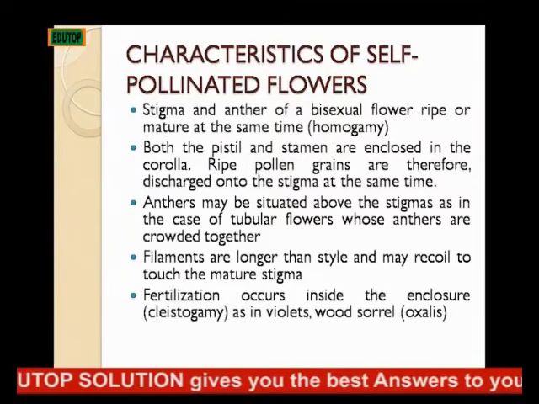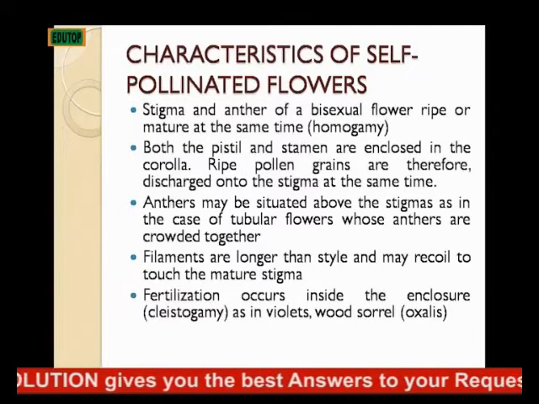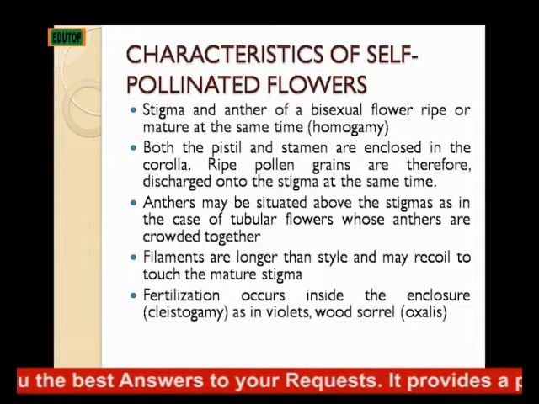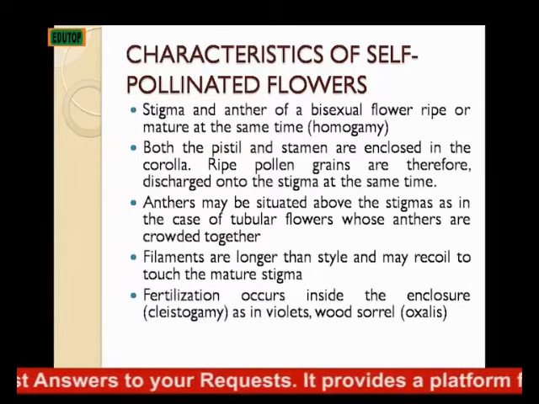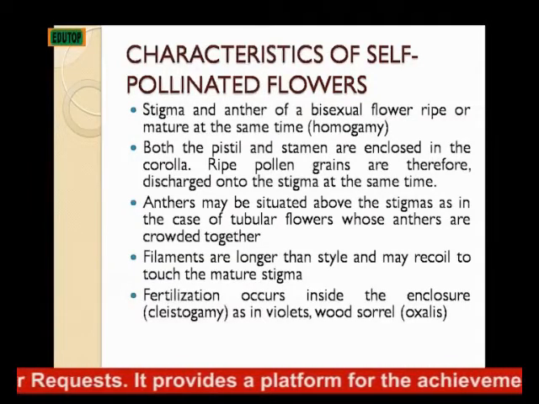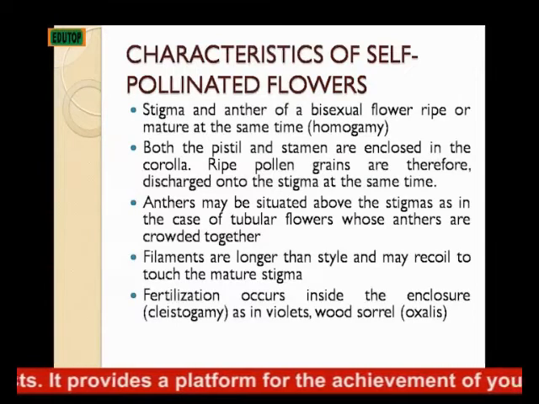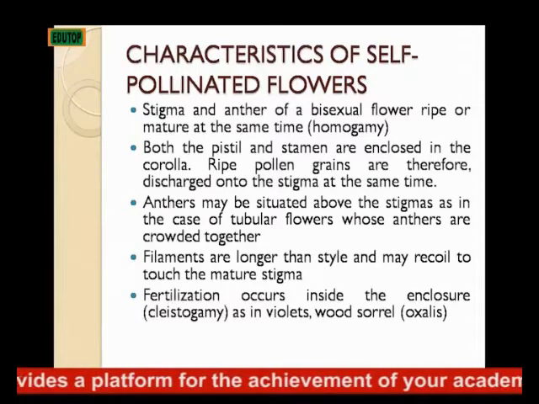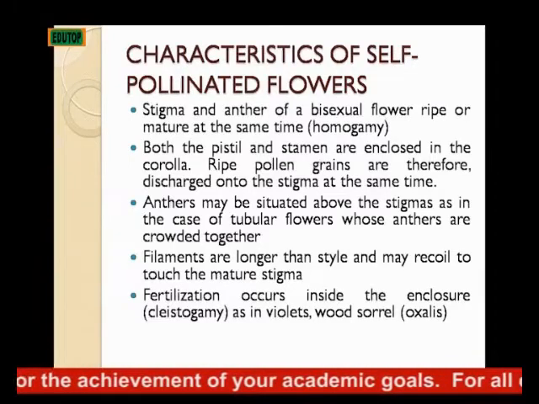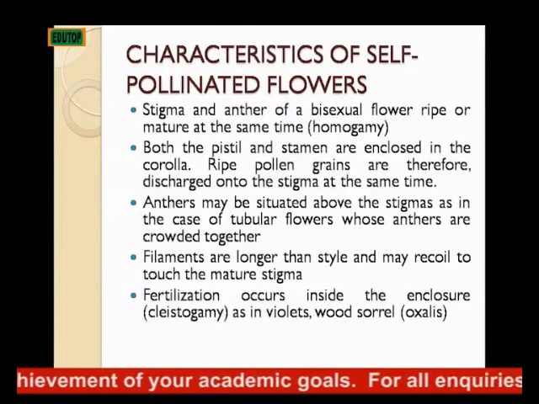Then also, the filaments of self-pollinated flowers are longer than the style, so they may recoil. They can bend backward to touch the mature stigma, thereby falling their pollen grains on the stigma. When the style is long, the filament is longer than the style, so they can recoil to come and touch the mature stigma.